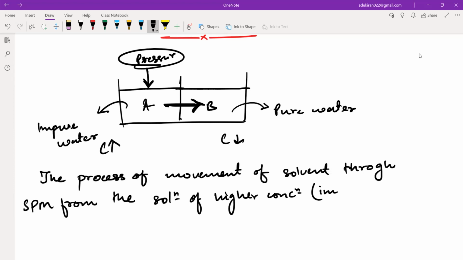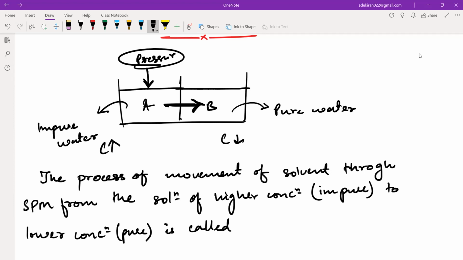Okay, that means from impure to pure, is called reverse osmosis.